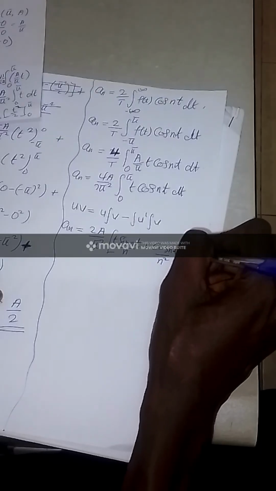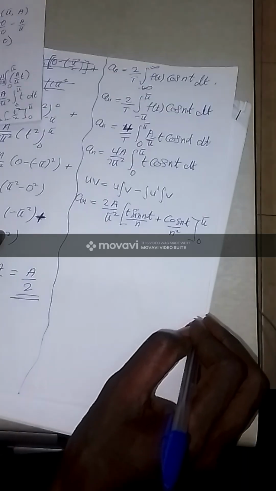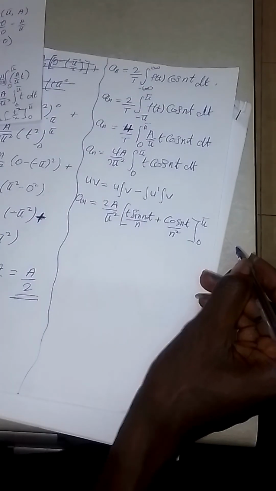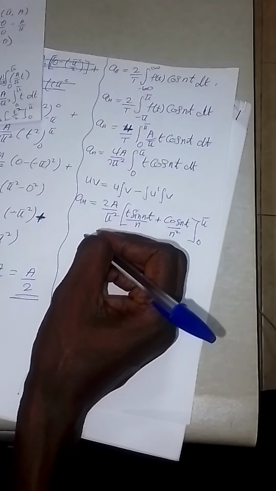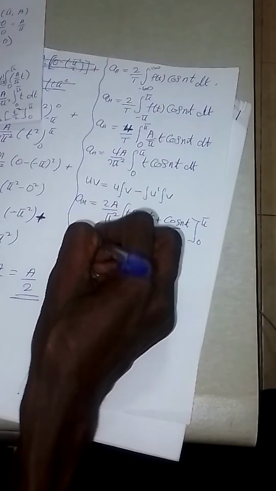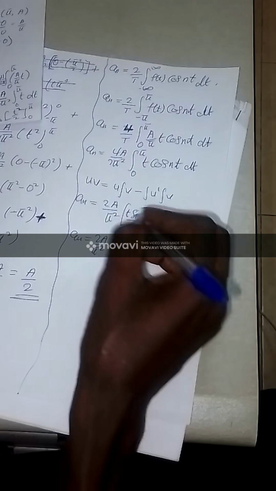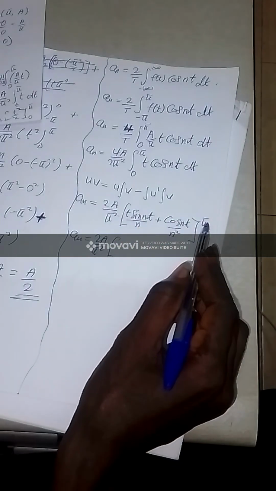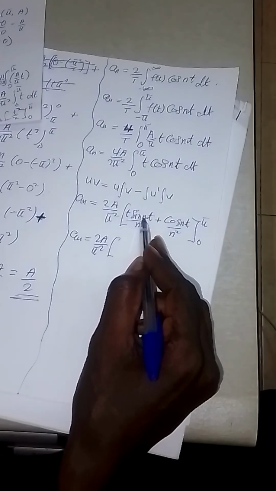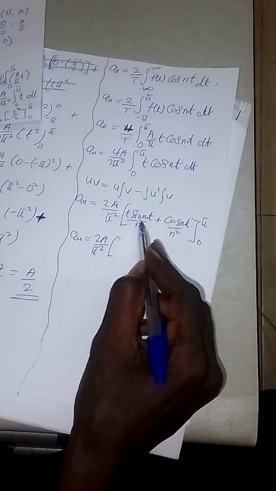I'll have 0 here and pi here. Now from here, I can introduce my limits. So now an is equal to 2a over pi squared into the upper limit first. I'll have pi sine n pi over n.